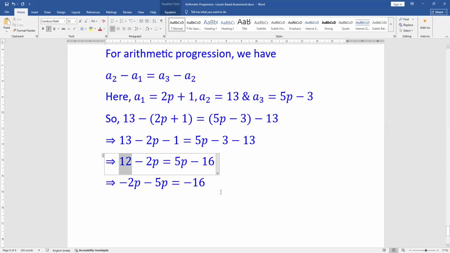Then this 12, I move to the right hand side, we get minus 12. Then minus 2 minus 5, same signs, just add it up, we get minus 7p equals minus 16 minus 12, which is minus 28.